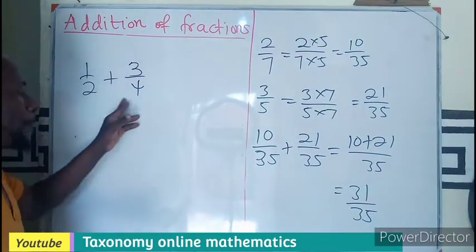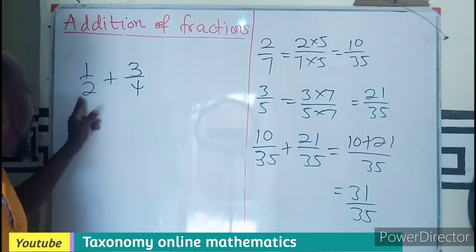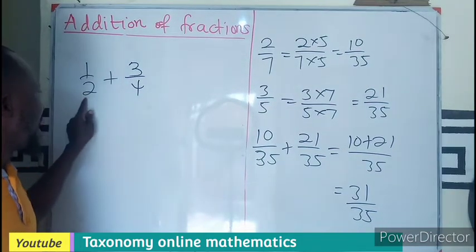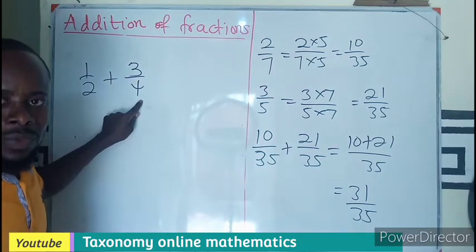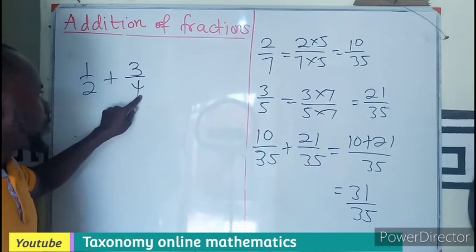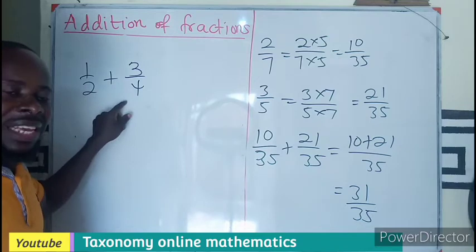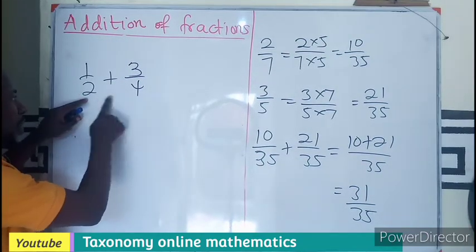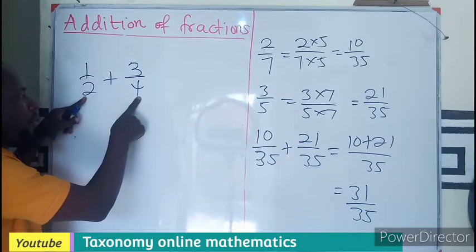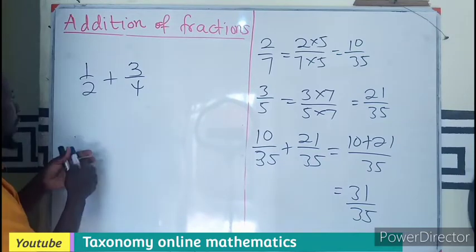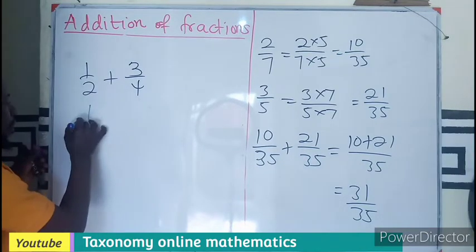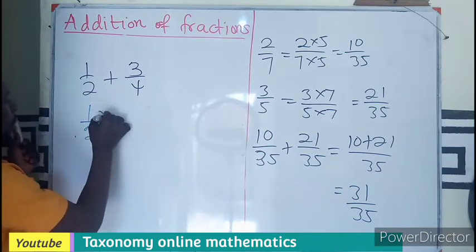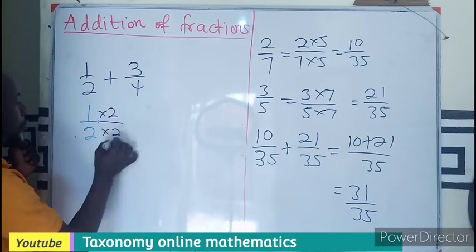We can do the same, but a careful look at our denominators shows that one is a factor of the other. So in order to get our answer easily, we need to also make these the same, because 2 times 2 gives me what? 4. So I only have my 1 over 2 times 2 over 2.